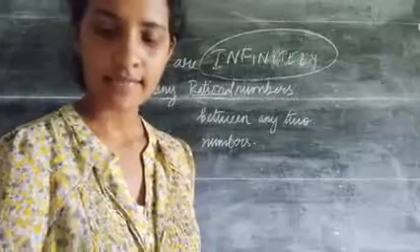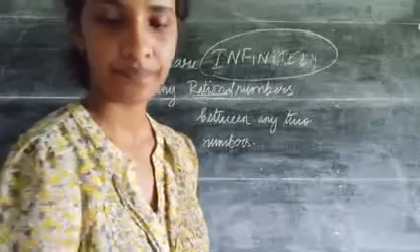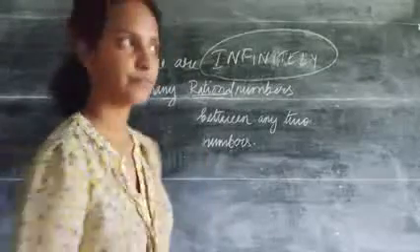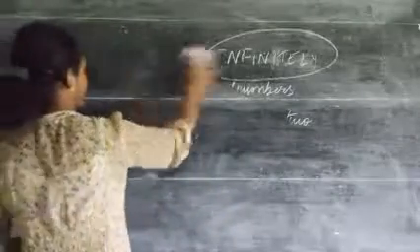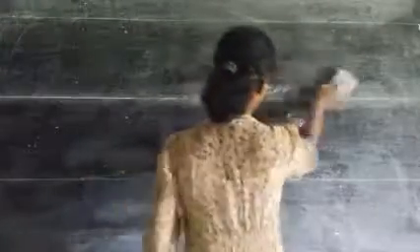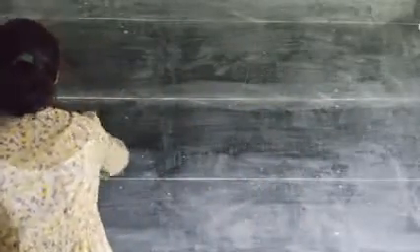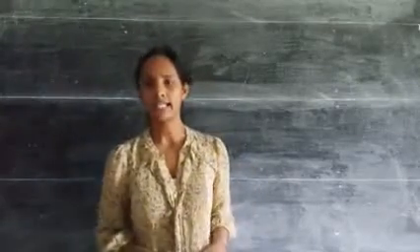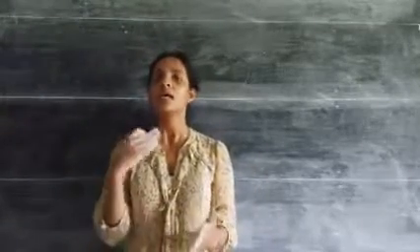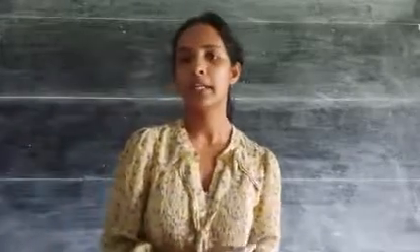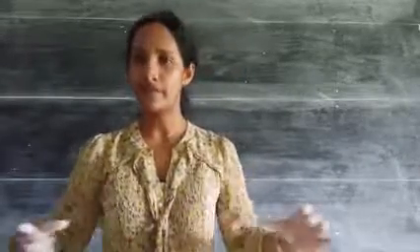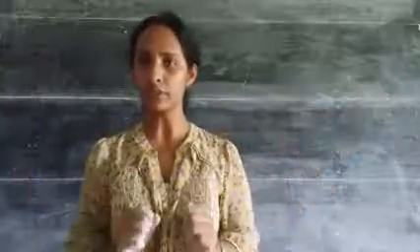Now the next thing that we are going to study is how to find a particular number of rational numbers between any two given numbers.